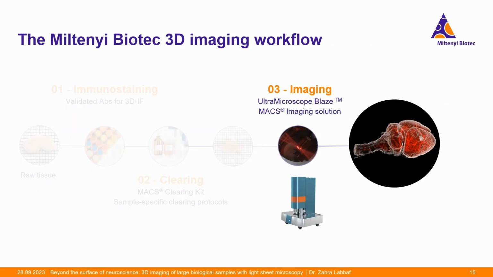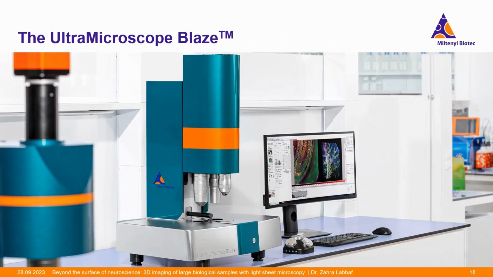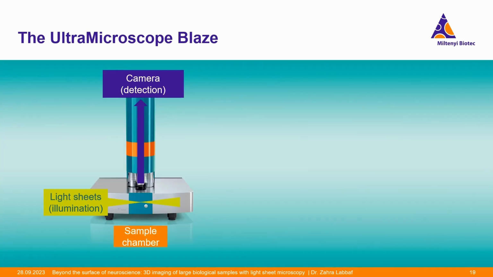After sample preparation, now it's time for 3D imaging using the light sheet microscope. As I mentioned before, in this talk I will only focus on the UltraMicroscope Blaze and introduce to you some of its amazing features. The UltraMicroscope Blaze is a fully automated light sheet microscope that can be used for imaging of biological samples at a subcellular resolution.